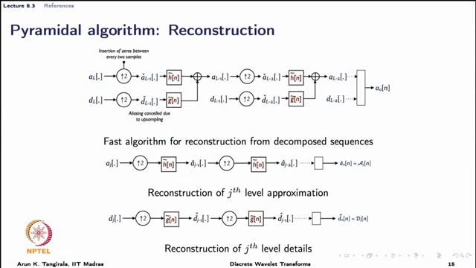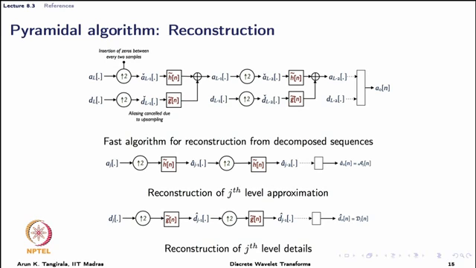And now we have the reconstruction algorithm at the top. So, there are 3 figures here. At the top we have the perfect reconstruction algorithm, where you read essentially from left to right. What I am generally given, as you have seen earlier, is an approximation coefficient and all the detail coefficients at that scale and finer scales.